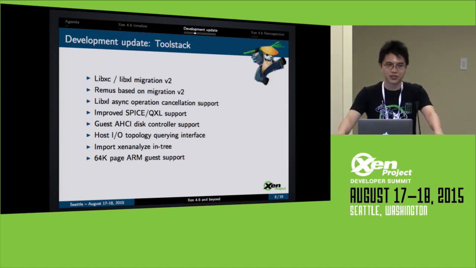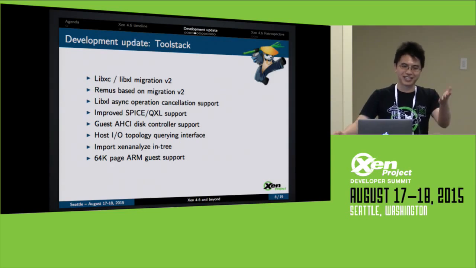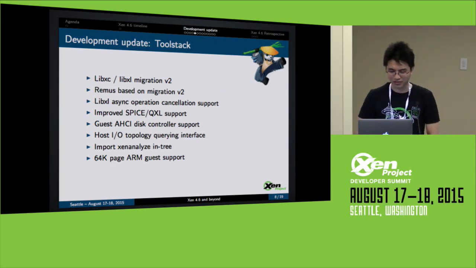There's no clear split between libxenctrl and libxenguest, which makes it very hard to maintain and develop new features on top of that. So Andrew Cooper said, I'll just rewrite that. And he has a talk this morning about that. I think he'll go into detail.